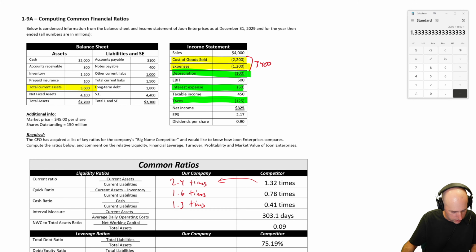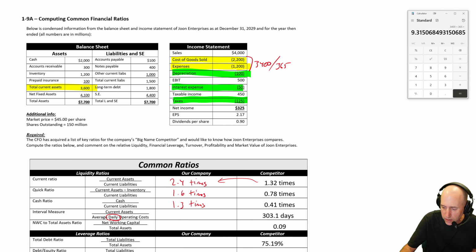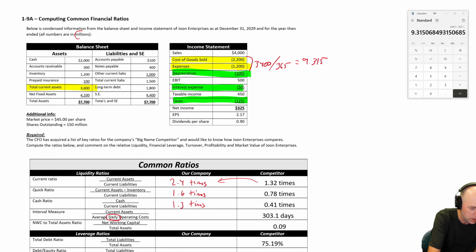So current assets divided by, I've missed one key step. I was like, I'm going to get a crazy number here. Daily. So this is yearly costs. Divide by 365 to get daily costs. So 3,400 divided by 365, my daily cost is 9.315. And again, this is in millions, so this is a big company, $9 million a day in costs.